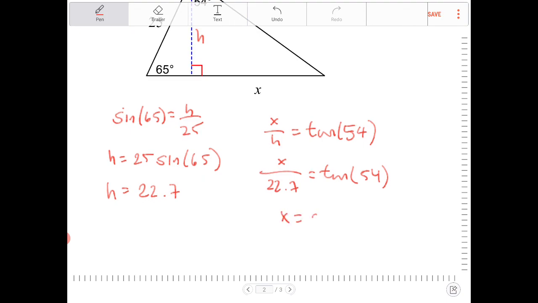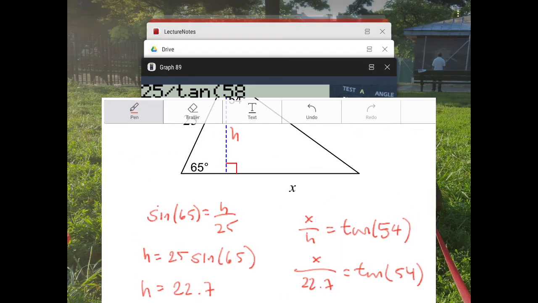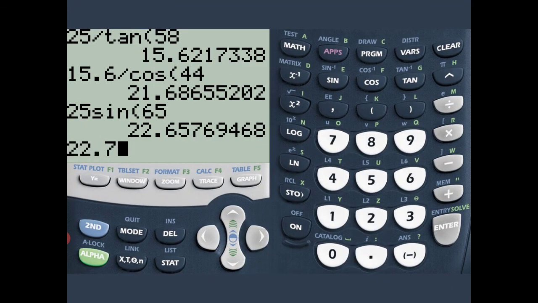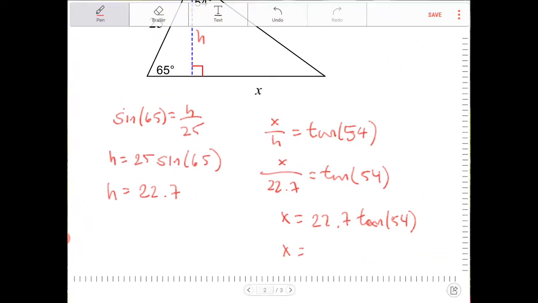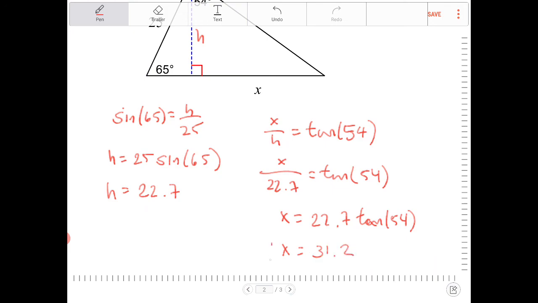X will therefore be 22.7 tangent of 54. And X will therefore equal 31.2. And that's it.